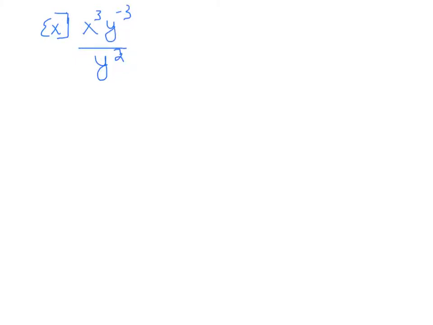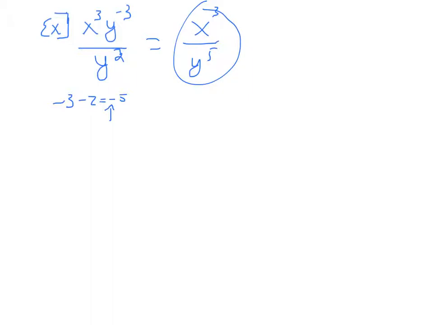In my head, negative 3 minus 2 is equal to negative 5. Because I get a negative value, that tells me that I'm going to write the y's at the bottom. That's my quick trick to just do the math in my head and know where to place the y.